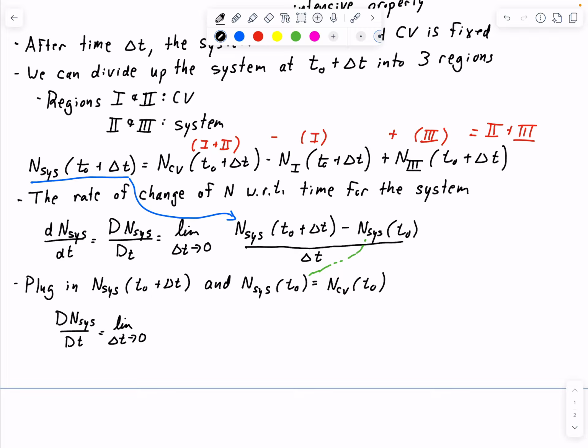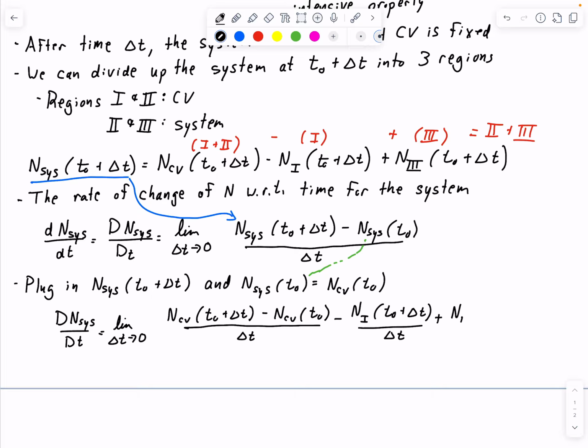And here we're doing a little bit of rearranging on the fly, but we have N of the CV at time t naught plus delta t minus N of the CV at time t naught, divided by delta t, minus N of region 1 at t naught plus delta t divided by delta t, plus N in region 3 at t naught plus delta t, divided by delta t.